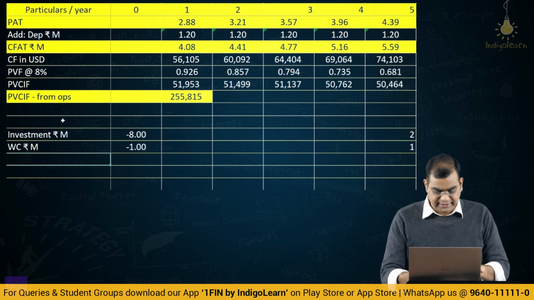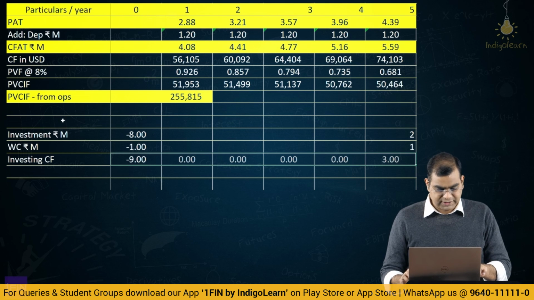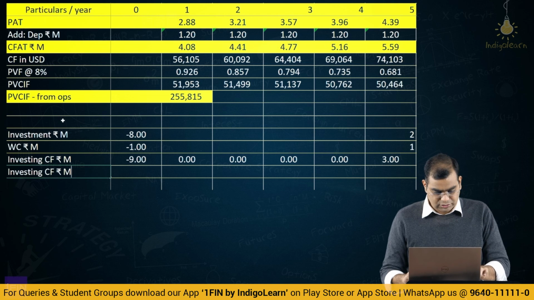So you actually have to take a sum of these investing cash flows, and you will do this for all 5 years. Then you will convert them into dollars from rupees million. So here I will put rupees million, investing cash flow in dollars, and I will remove the word million.